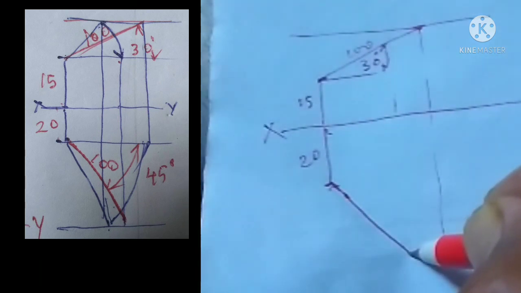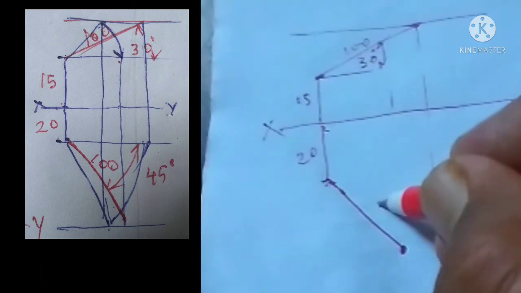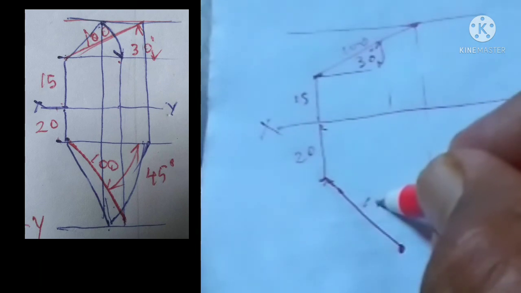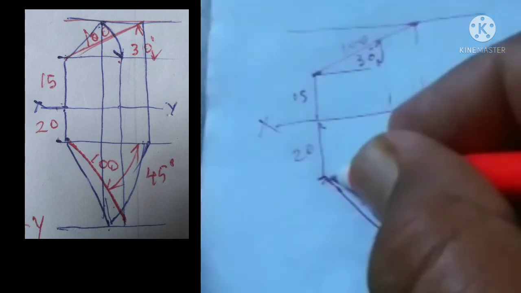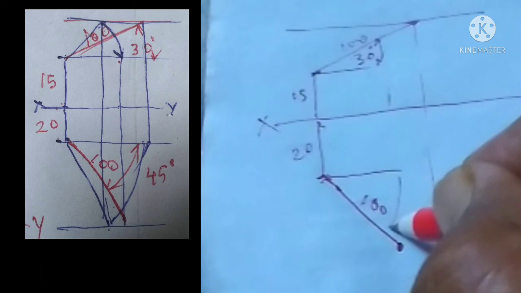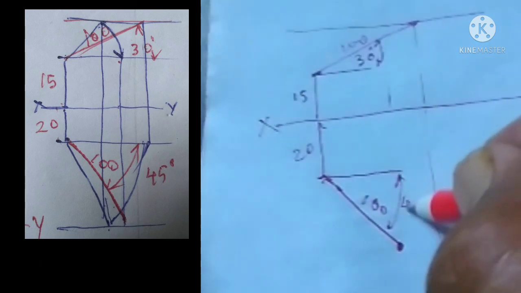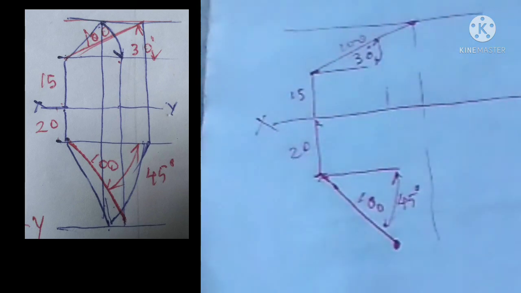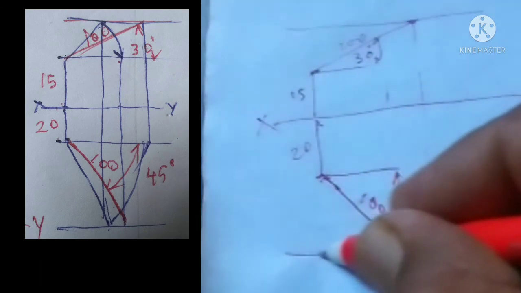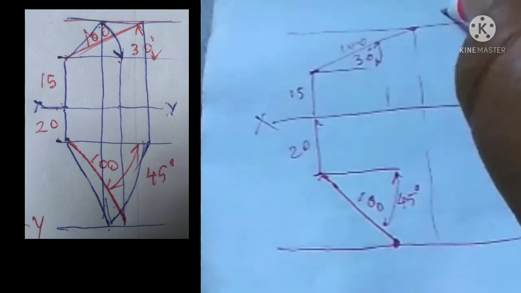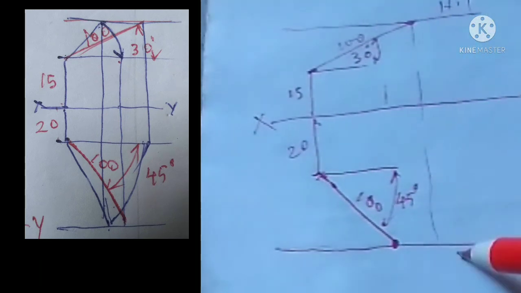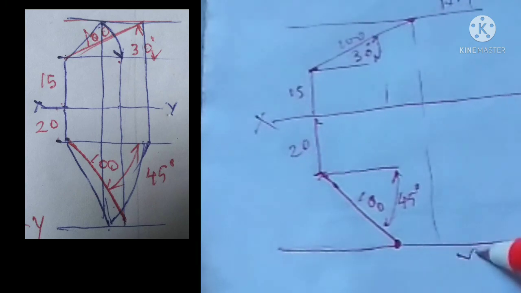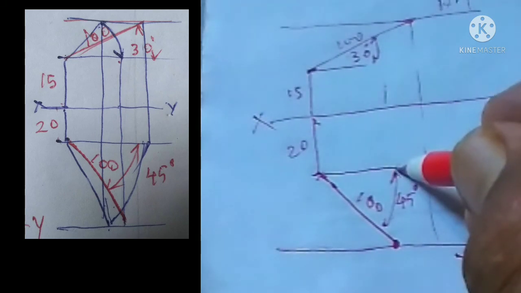Then we will draw the 45-degree angle. After that, take the measure 100 millimeter. And from the end point of the line, we will draw the vertical trace which is parallel to the XY line.